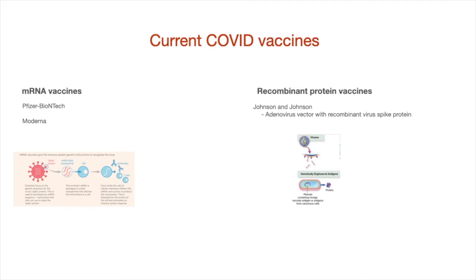We also have the Johnson & Johnson vaccine, which is an adenovirus vector that contains a protein made through recombinant DNA technology, which has been done forever. The hepatitis B vaccine, which you probably have received, is also created this way.